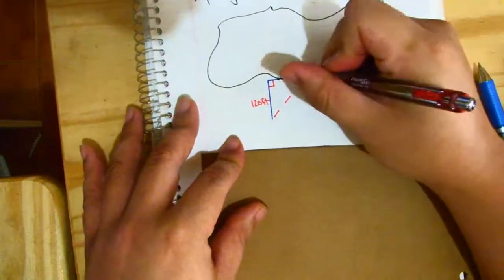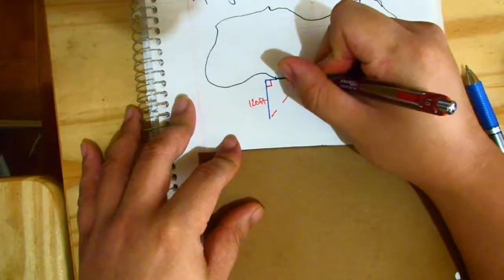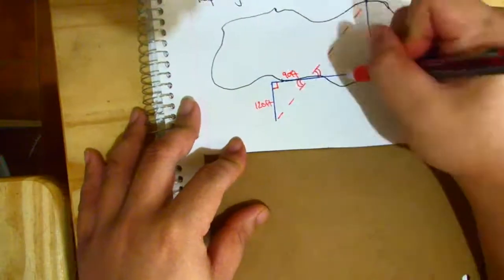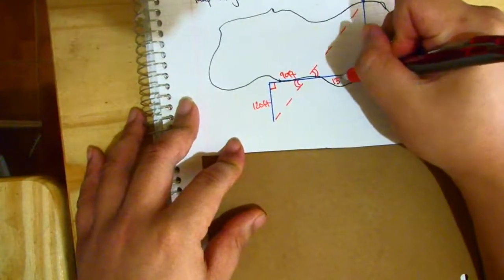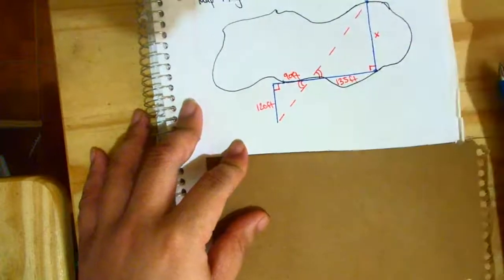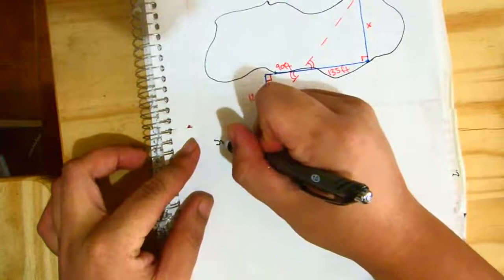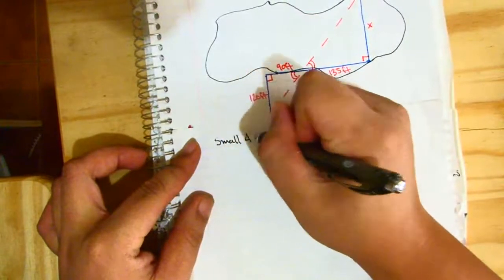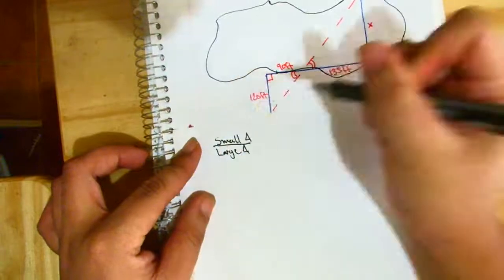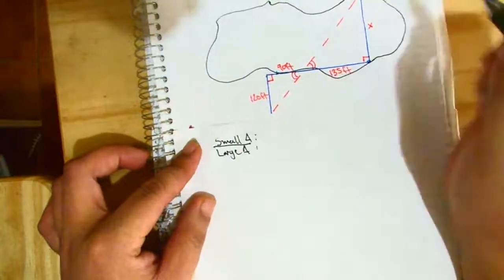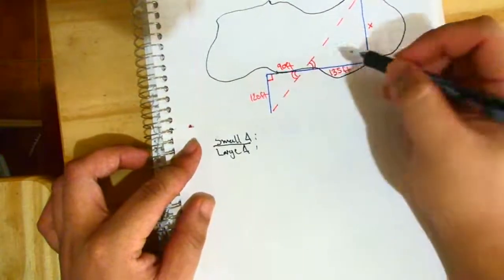But first, we're going to put the measurements here. This is going to be 90 feet, and this is going to be 135 feet. Okay, so here we're comparing the small triangle to the large triangle. We're not going to say side 1, side 2 because we're not sure which is smaller or bigger based on the diagram.